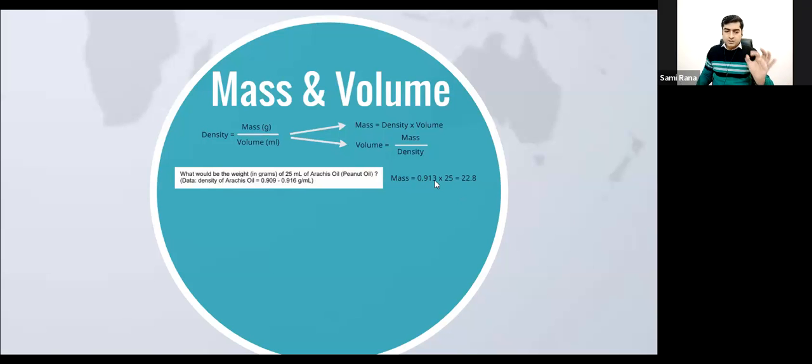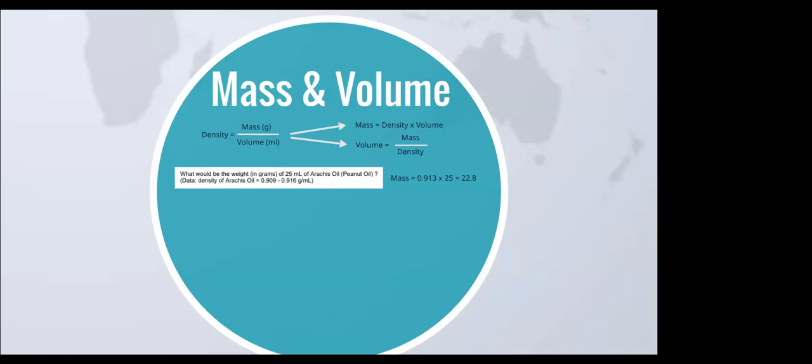If they are giving you a range, take a mean value in between. And we have multiplied it with the volume, that is 25, and it has given us the mass of 22.8 grams. Keep an eye on the units, gram per ml. In the question, the answer is demanded in gram and the volume is given in ml already, so we do not need to convert it. This is a very simple question.